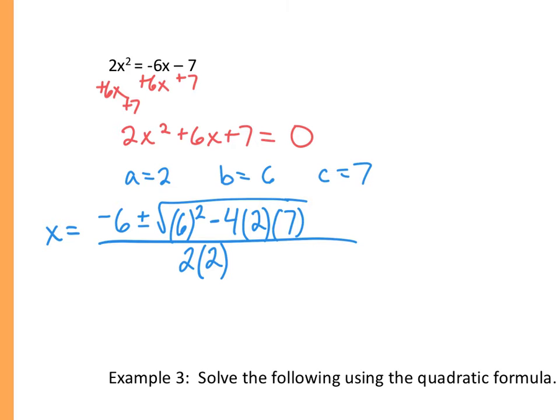So now we simplify what's under that square root before we type in the square root symbol. So go ahead and type that in. What do we get?